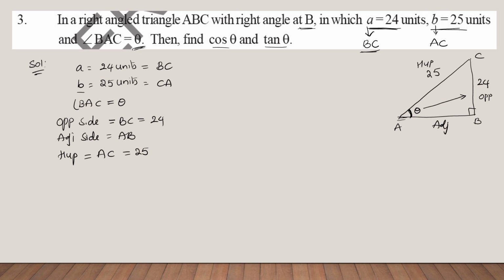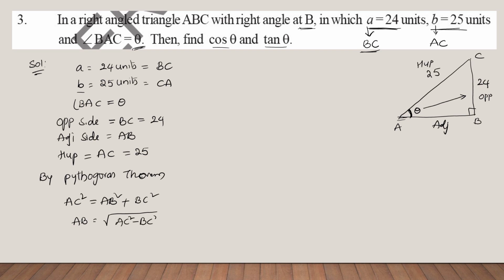To find the length of AB, what should we do? We need to apply the Pythagoras theorem, right? By Pythagoras theorem, AC square is equal to AB square plus BC square. Now from this I need to find AB. So AB is equal to square root of AC square minus BC square.